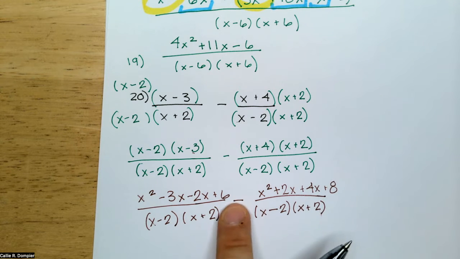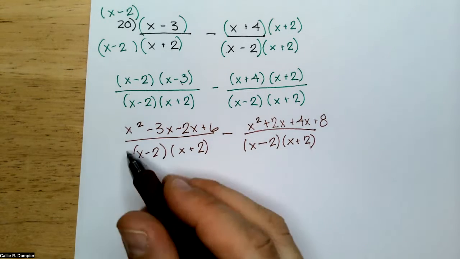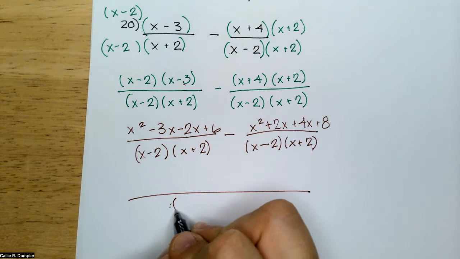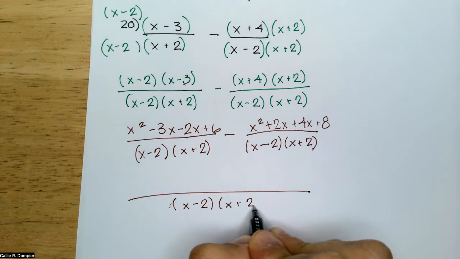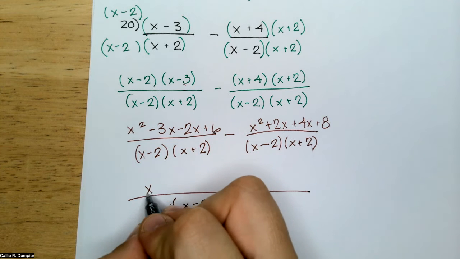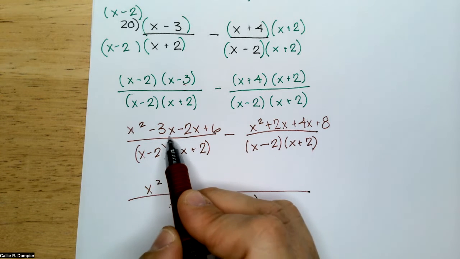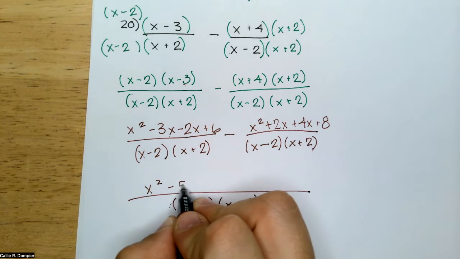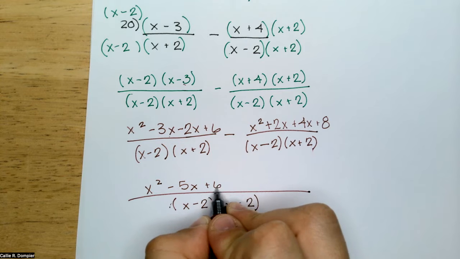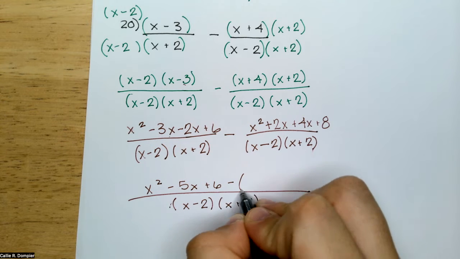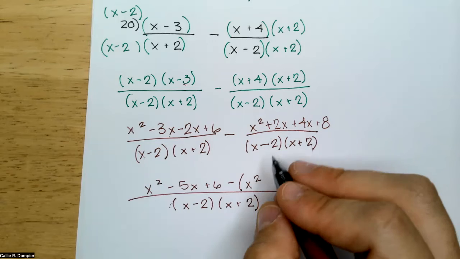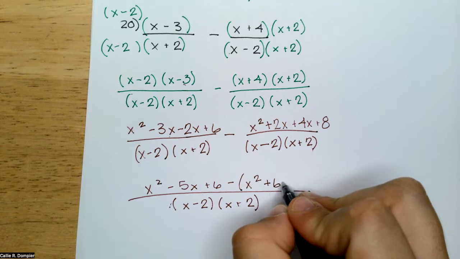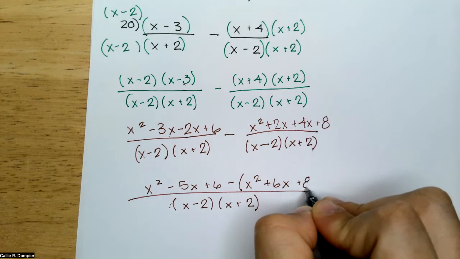Good. Again, now we're just subtracting this one from this one, and we can put it all over the same denominator, (x - 2)(x + 2). So I have x squared, negative 3x minus 2x becomes negative 5x, plus 6, minus x squared, positive 2x and positive 4x become plus 6x plus 8.